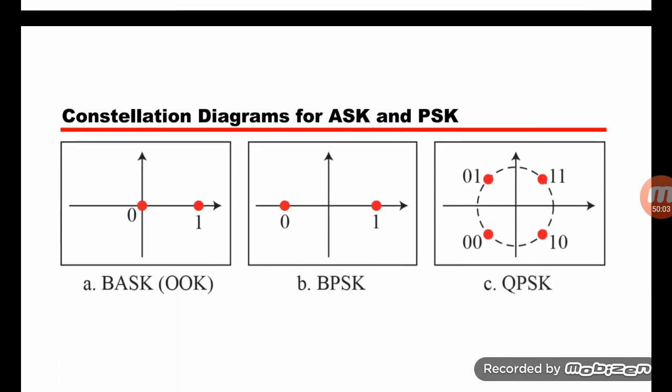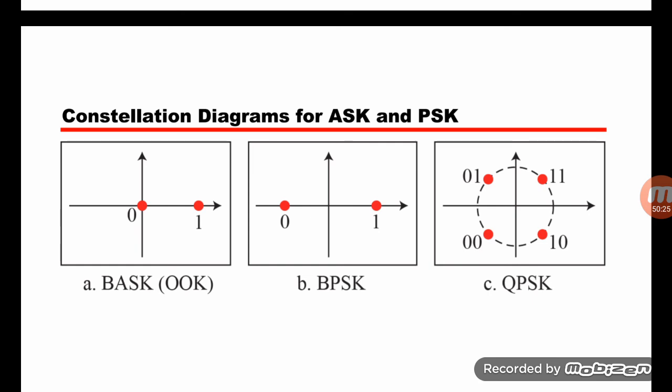Now, let's take an example to see how it works. If you look at this diagram, this is the constellation diagram for BASK, binary amplitude shift keying. For bit 0, I am sending this dot, and for bit 1, I am sending this dot. What does it mean?